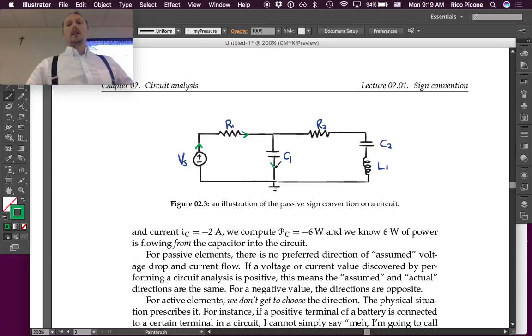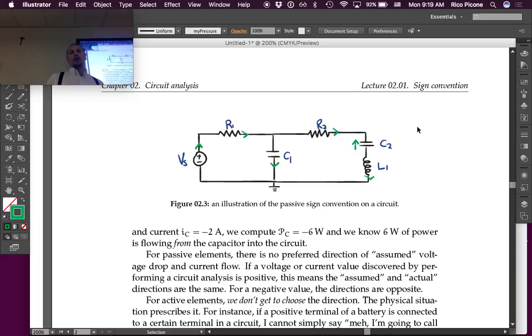So you could draw one for the capacitor, for this resistor. You could draw this one up. That's fine. And you could draw the one for L1 down. That's fine. If it becomes ambiguous as to which element you're trying to draw the arrow for, I encourage you to just put the arrow beside the element. Either one works.